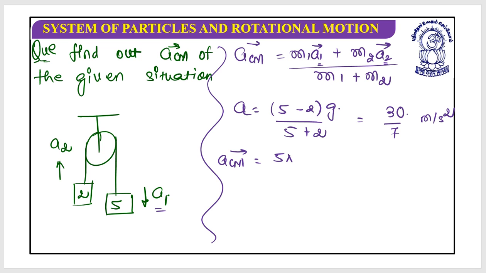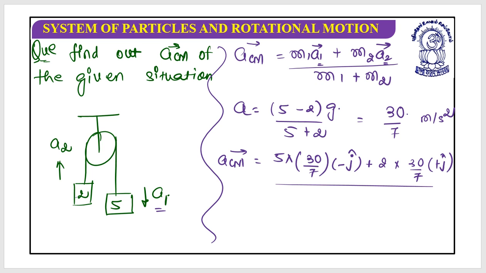It's 5 multiplied by 30 by 7 of minus j plus 2 multiplied by 30 by 7 plus j, divided by total mass, which is 7.